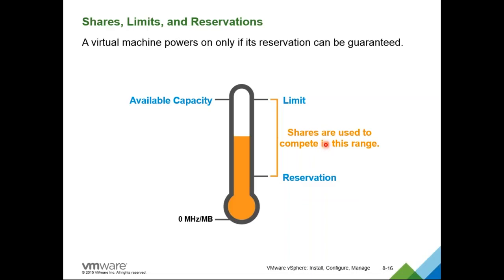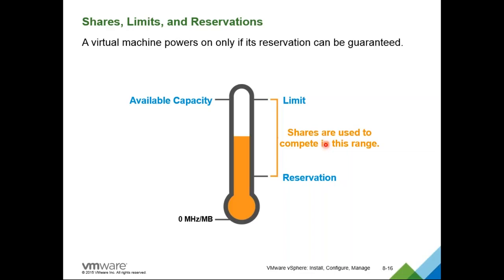Let's discuss shares. In shares, you can specify a value out of your total available capacity of CPU or memory. It specifies the relative priority of a VM's access to a given resource.